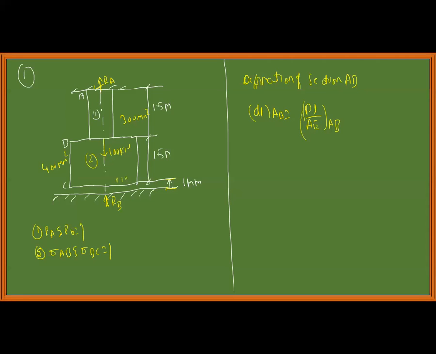See, I will assume that the load acting at this junction is elongating part AB.